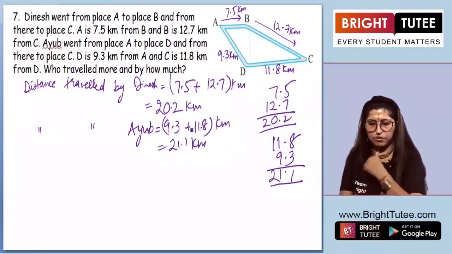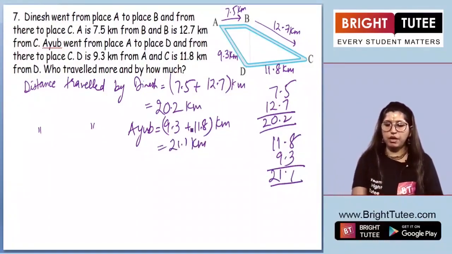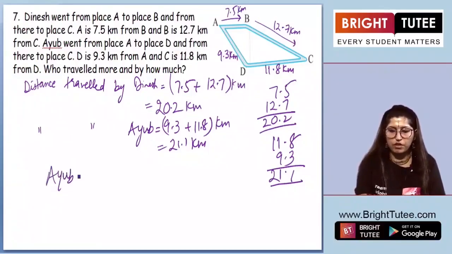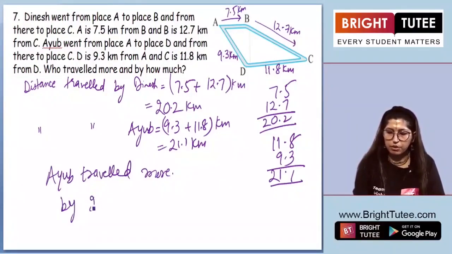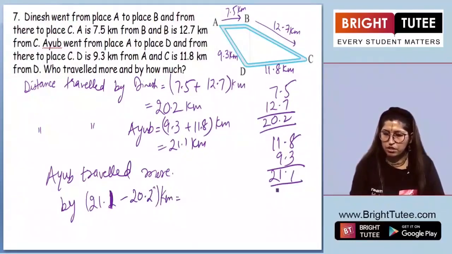So distance travelled by Dinesh is 20.2 and by Ayub is 21.1. So who travelled more? Ayub travelled more. And by how much? We'll be subtracting both of them to know how much more Ayub travelled. So 21.1 minus 20.2 kilometer, let's write it down over here, 20.2.